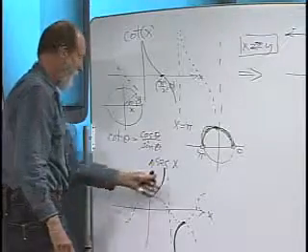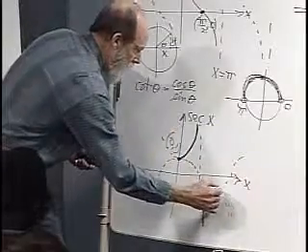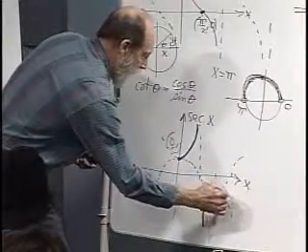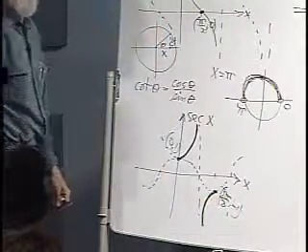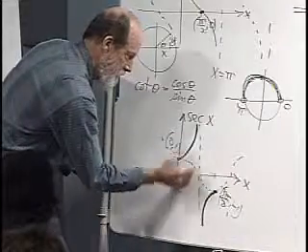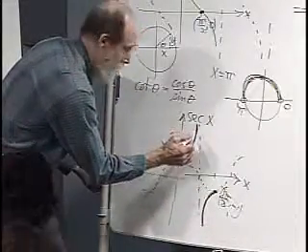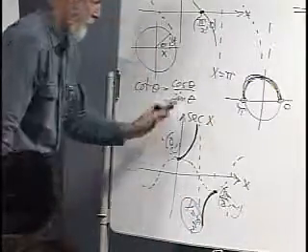Okay, so we have a restricted domain here, and I would label these points 0, 1, and out here at 3 pi over 2, comma, negative 1. And the vertical asymptote is where? X equals pi over 2 is the vertical asymptote.